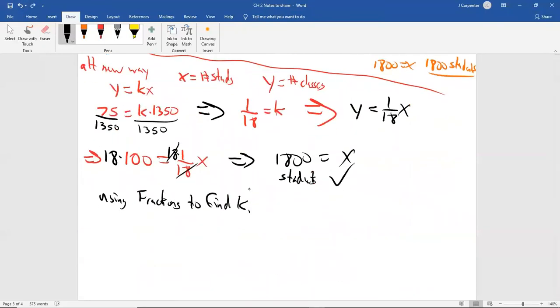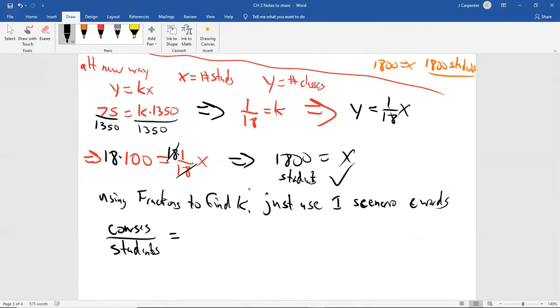So you just use one scenario, and your labels. So you put courses over students, or students over courses equals, run through the first scenario, which was 75 classes for 1,350 students.